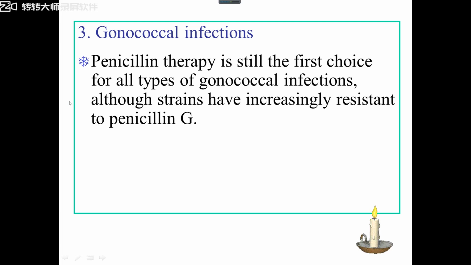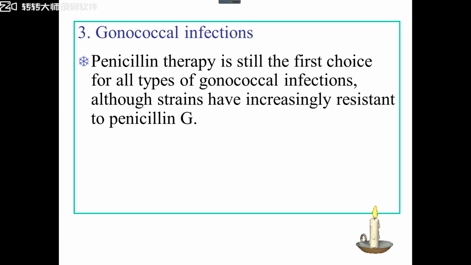Why? Because you should know, penicillin G therapy is still the first choice for all types of gonococcal infections, although strains have become increasingly resistant to penicillin G. So the third clinical use of penicillin G is gonococcal infection, as the first choice for each patient in different states, for all types of gonococcal infection.